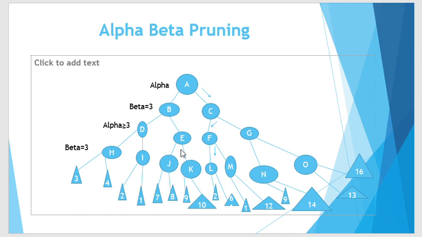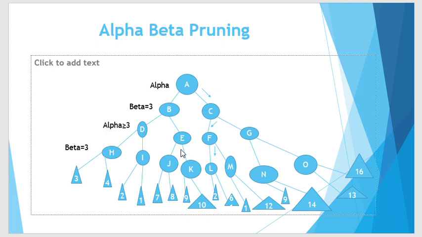And I know that this path is a good path here because I am getting beta value as 3. Beta value is fixed to 3 and we fix its minimum value to 3. Now we take this value above again. So we fix alpha value here to 3, but the max value will be 3 or greater than 3.